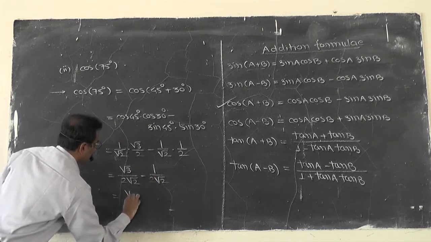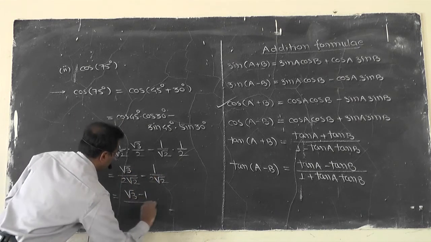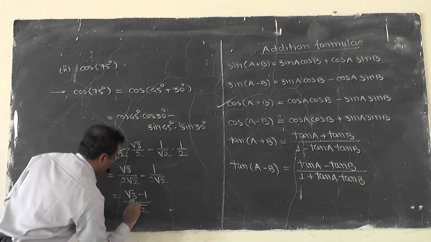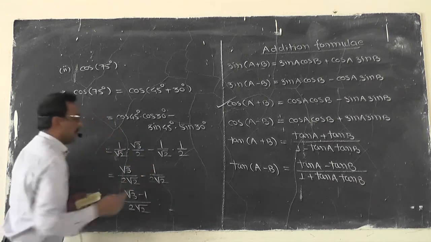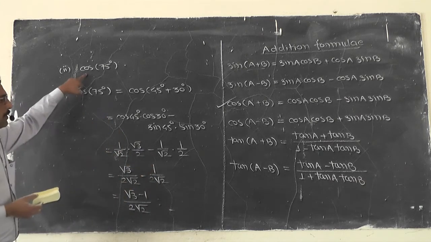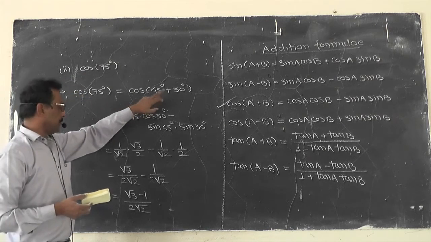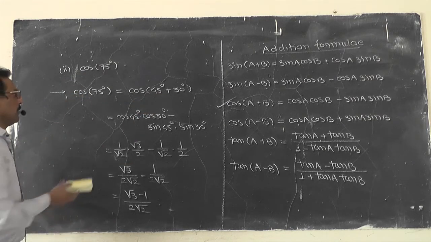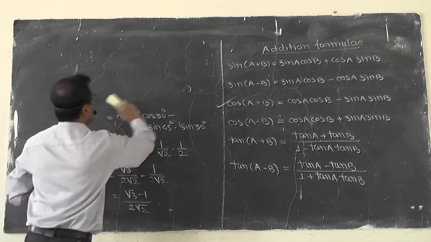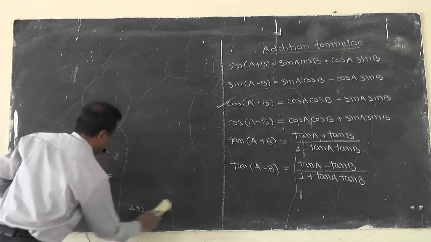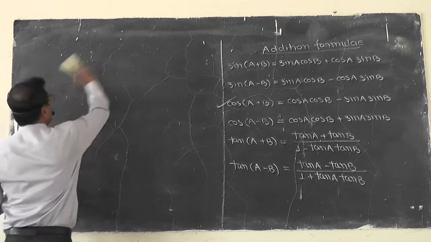So what is your final answer? Root 3 minus 1 upon 2 root 2. This is your final answer. For cos of 75 degree, we used cos of A plus B and got this value. Now in the very next, which question is asked as the third question?